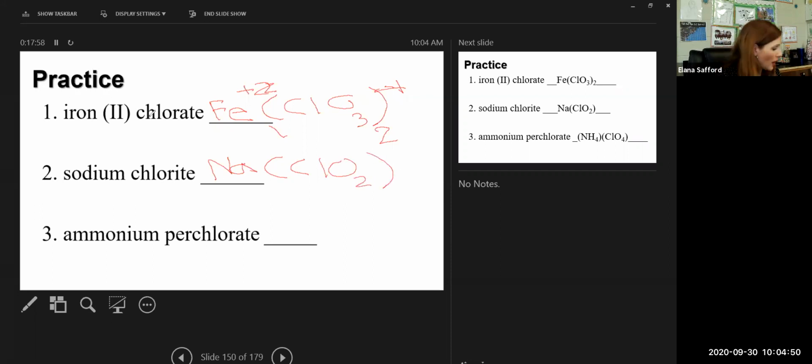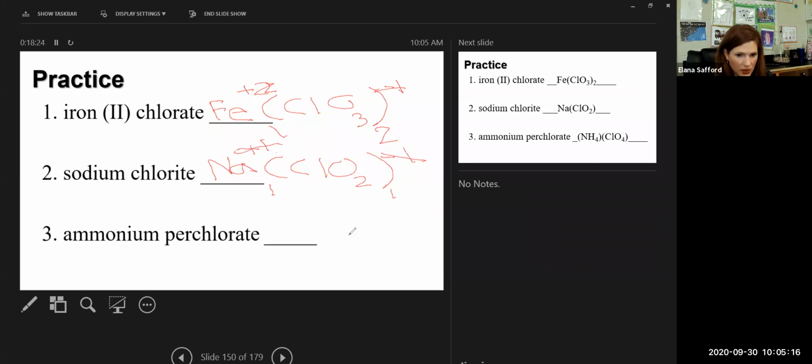Sodium I know has a plus 1 charge because it's in group 1. Chlorite, you just look on your list, has a minus 1. So if we crisscross those, it's just 1 and 1.